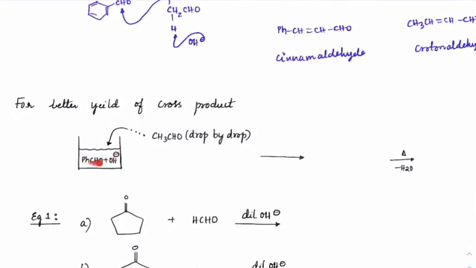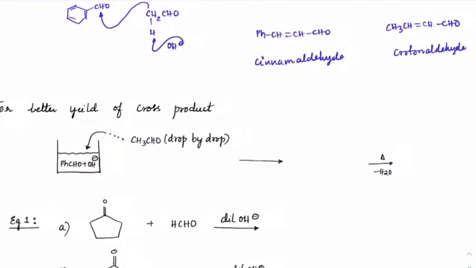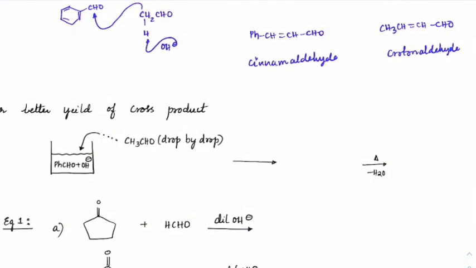You take benzaldehyde and OH minus, which is the base we use for the reaction, then add the aldehyde which has alpha hydrogen slowly, drop by drop. As you add drop by drop, the product which you will have is mainly the crossed product. So the product which you will have is PhCHOHCH2CHO, which on heating will give cinnamaldehyde. Okay. So this way the yield could be almost 99%.